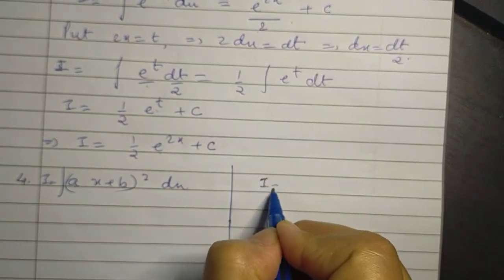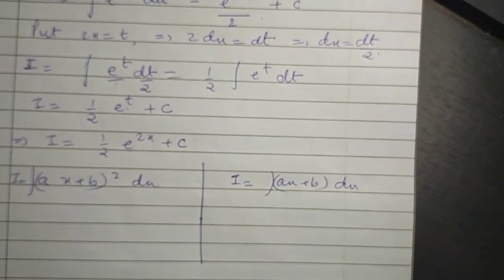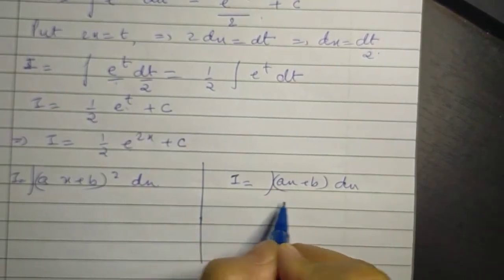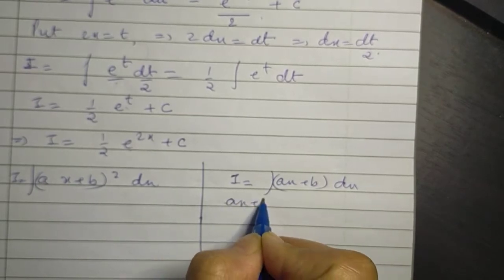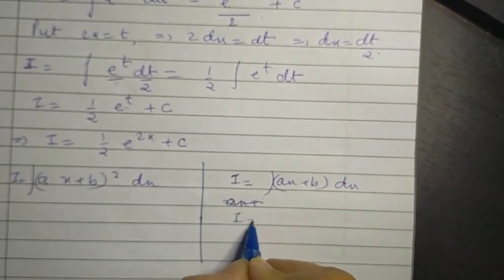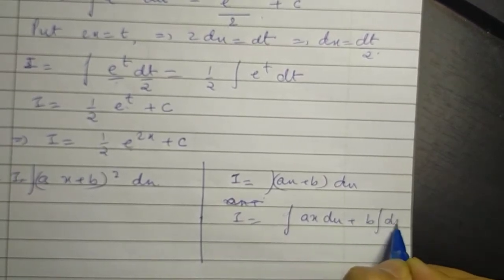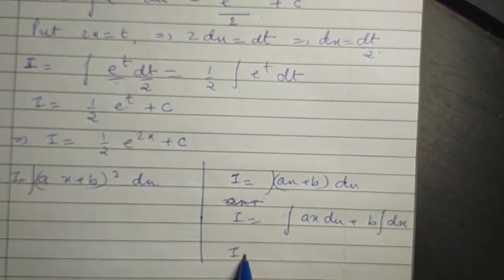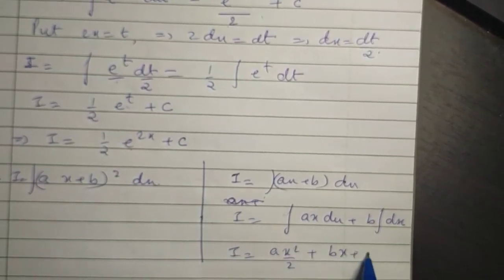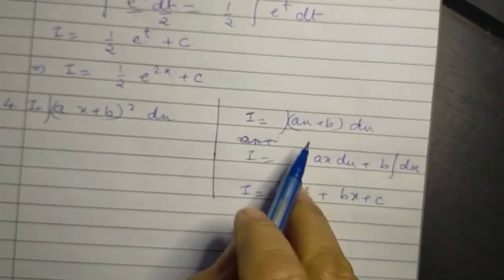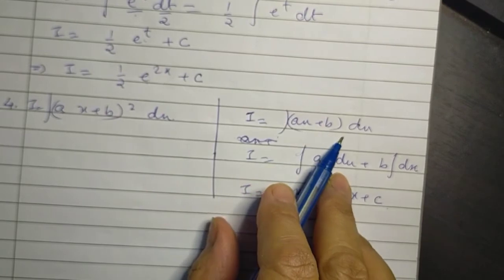Suppose we had integral of ax plus b into dx, then I is equal to a integral of x dx plus b integral of dx, and I comes out to be ax squared by 2 plus bx plus c. This is what we observe when we have to find the integral of ax plus b.